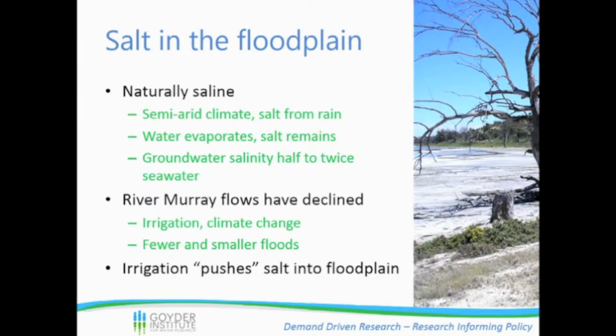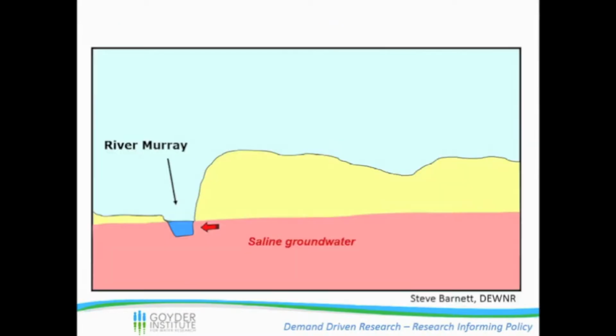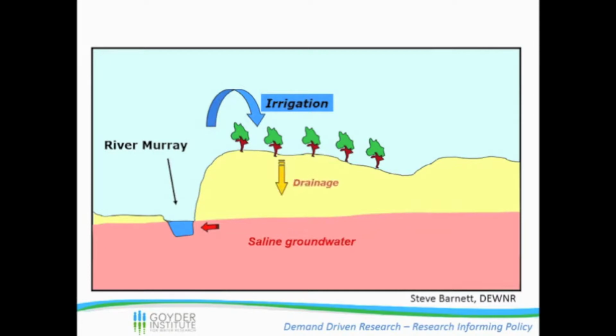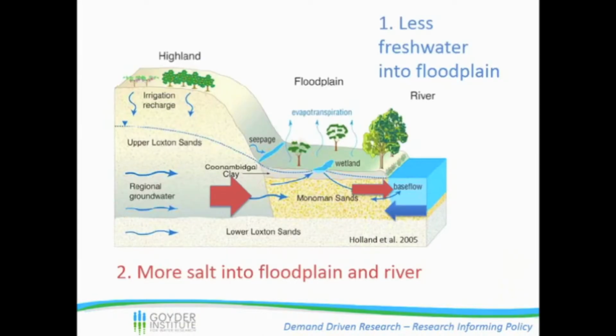Irrigation sort of pushes saline groundwater into it. I have this nice little dynamic from Steve Barnett. So you introduce irrigation next to the river, close to your water source. That increases the drainage, raises the local water table, and that gradient means that more of the extremely saline groundwater is going into the river. So, salt, naturally an issue, but less fresh water into the floodplain, while we have more salt into the floodplain.